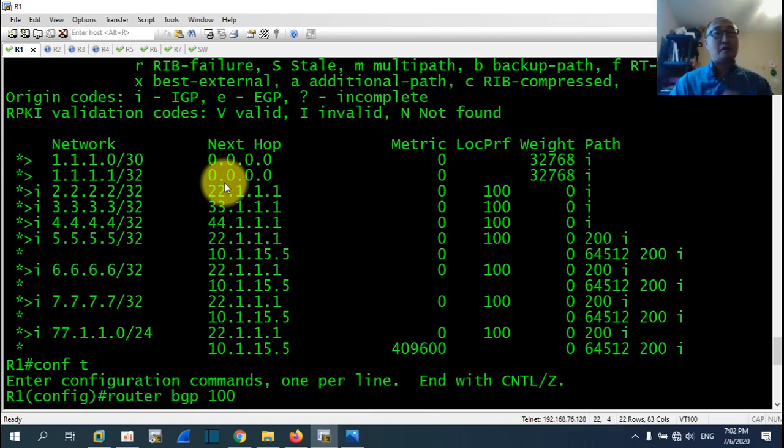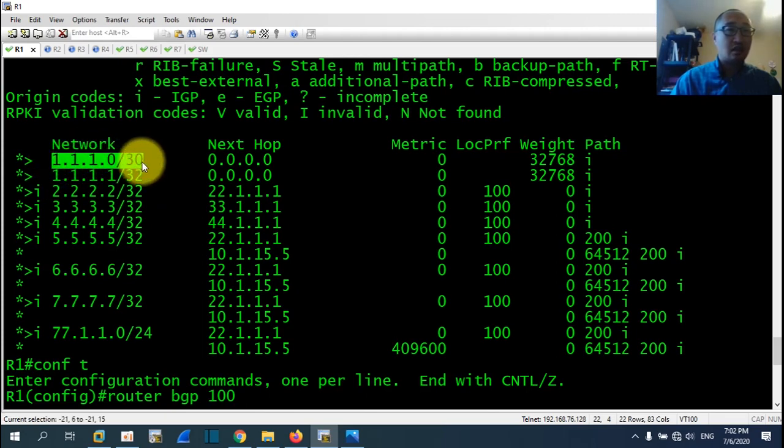Today I'm gonna talk about BGP. Last time I did this manually, summarized the routes, but there's a 101.101/32.